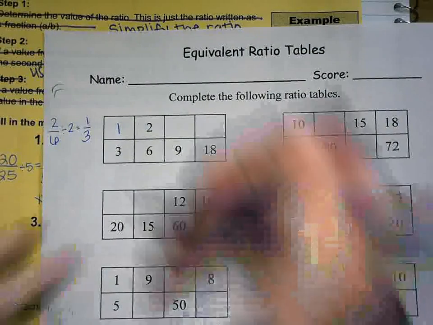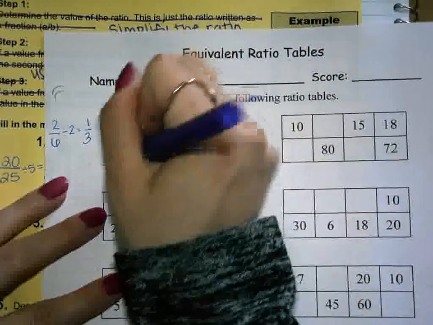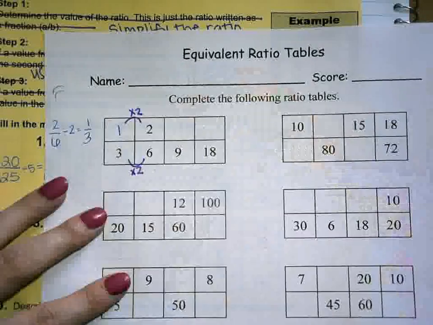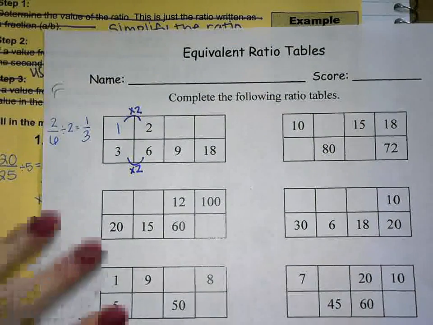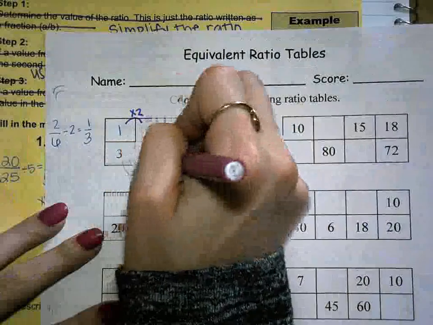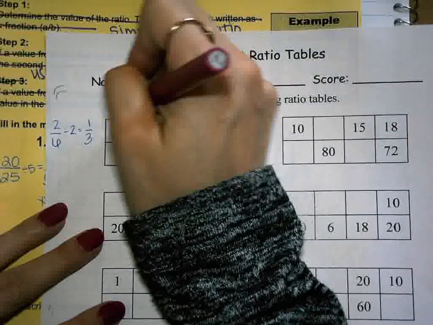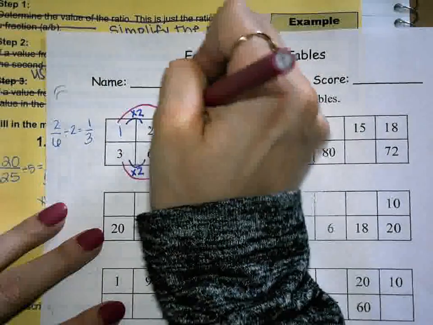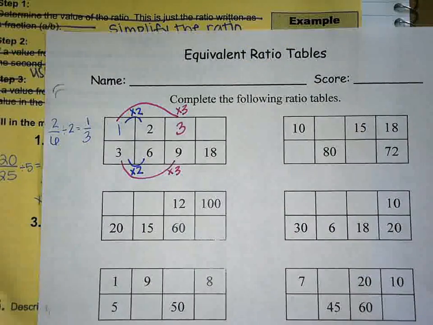Then I do my rainbow method, because I know that 1 times 2 is 2, and that means that 3 times 2 is 6. Then I do the next one. 3 times 3 is 9. So 1 times 3 is 3.